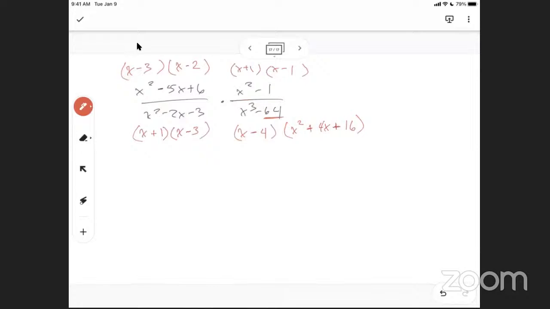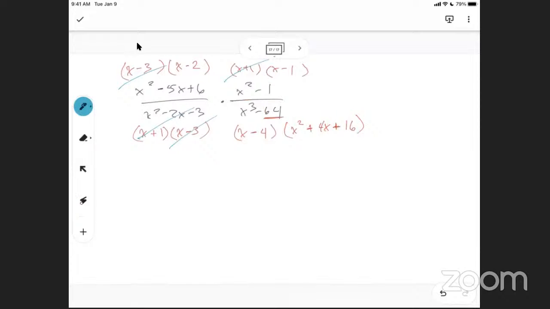And now let's just cancel. What can be canceled? x minus 3 and x plus 1. Now you might want to check, is there more I can factor here? There actually isn't, because it's a positive here. What multiplies to 16 and adds to 4? Nothing. So you're just done.